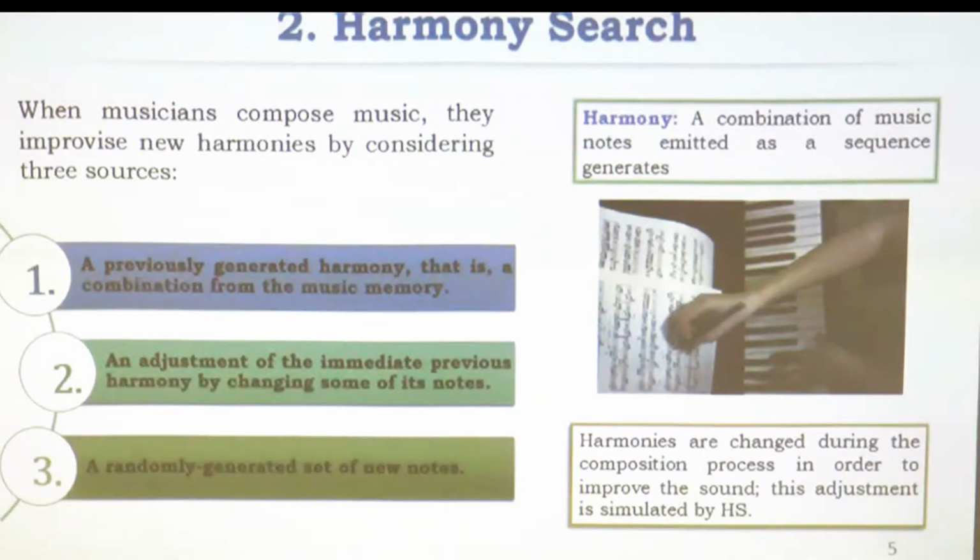The first is a previously generated harmony that is a combination from the harmony memory, an adjustment of the previously memorized harmony by changing its notes, and a randomly generated new note. A harmony is a combination of musical notes that emerge as a sequence. Harmonies are changed during the composition process. This adjustment is simulated by the harmony search algorithm.